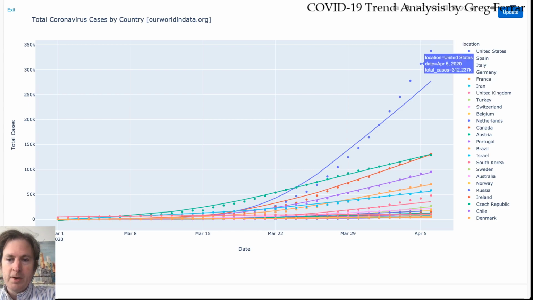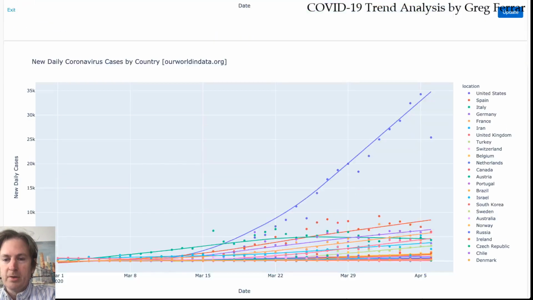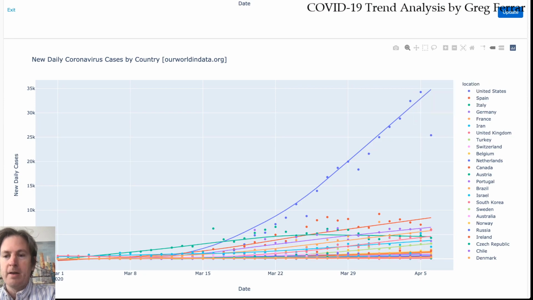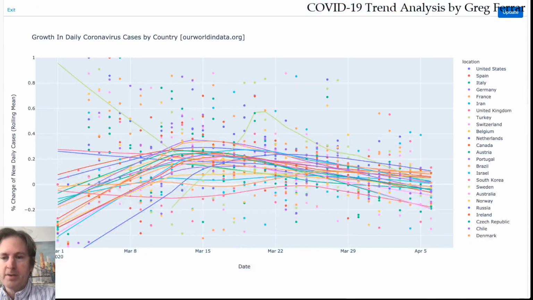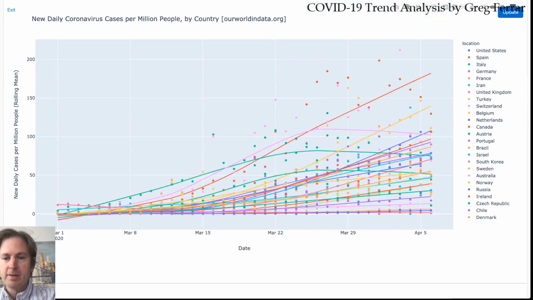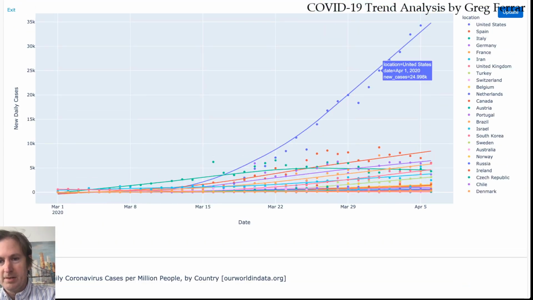If we think of the total number of cases as our function going upwards, the amount that it's changing each time is the first derivative, and this graph tracks the first derivative of that function. What we're going to go to next, and the thing that I've been focusing on a lot, is actually the second derivative, which answers the question of how fast this change is changing.